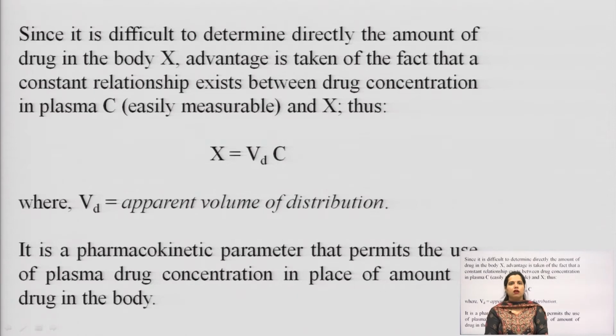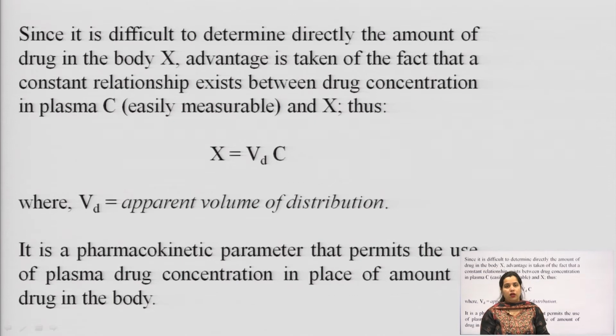Advantage is taken of the fact that a constant relationship exists between drug concentration in plasma C and x, where x stands for the amount of drug in the body and C stands for the drug plasma concentration. It is very difficult to identify directly the amount that reaches the blood.